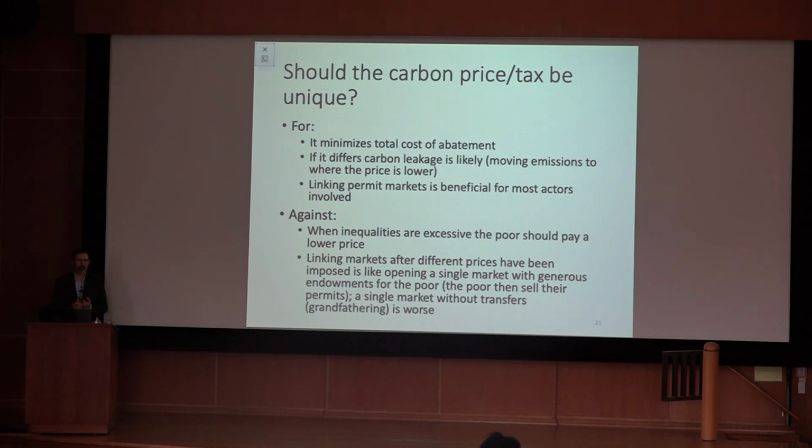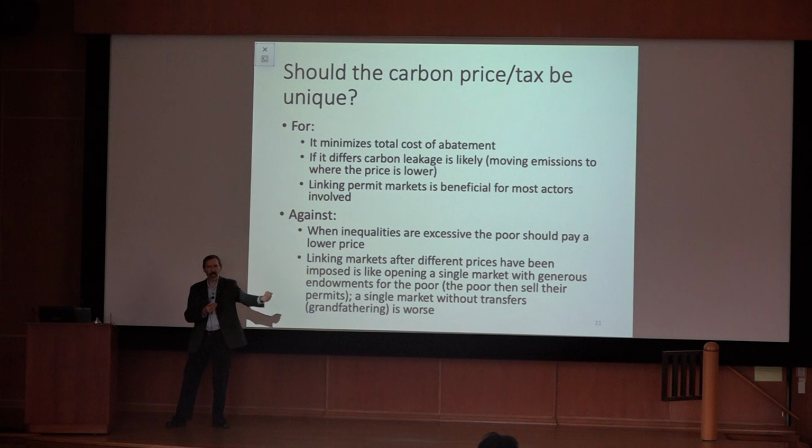The main argument for is that it minimizes the total cost of abatement. I won't explain that in much detail, but you can think of it for yourself. If different marginal costs are incurred by different agents, you have a way to reduce the total cost by shifting the effort from the people where the marginal cost is high to the people where the marginal cost is low.